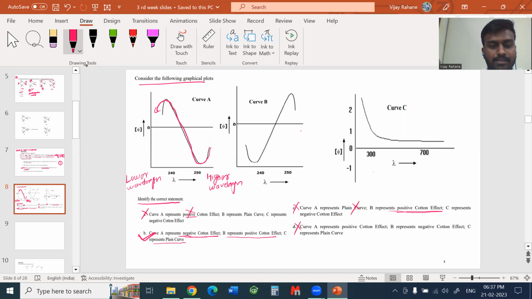But here we can see first it decreases and then increases. So this one is the negative one. This one is the positive one, and this one is a plane.